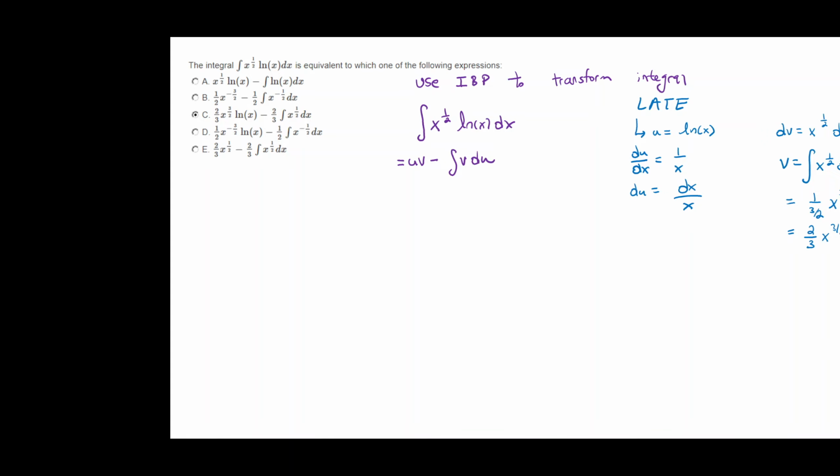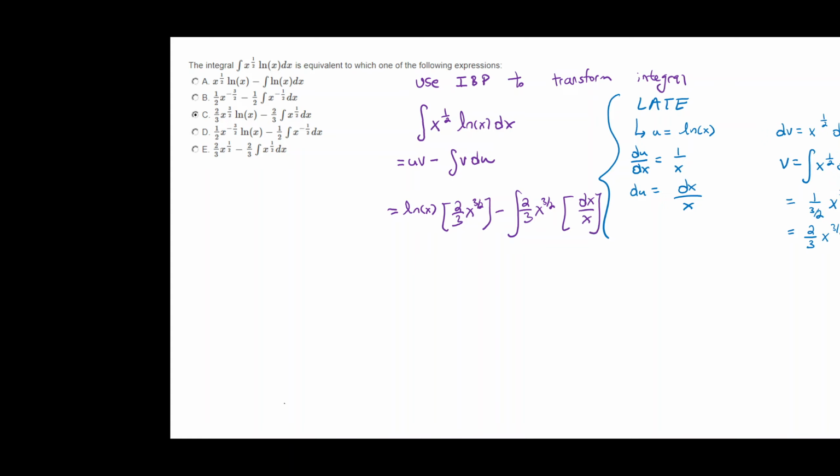Then we're going to plug that into our formula and simplify. So we get u times v, ln of x times 2/3 x to the power 3 over 2, minus the integral of v du, 2/3 x to the power 3 over 2, and then the du is dx over x.